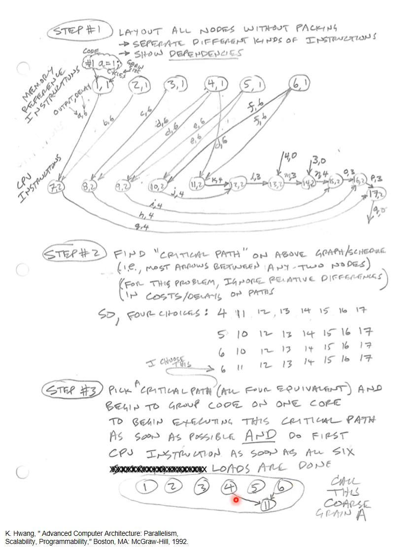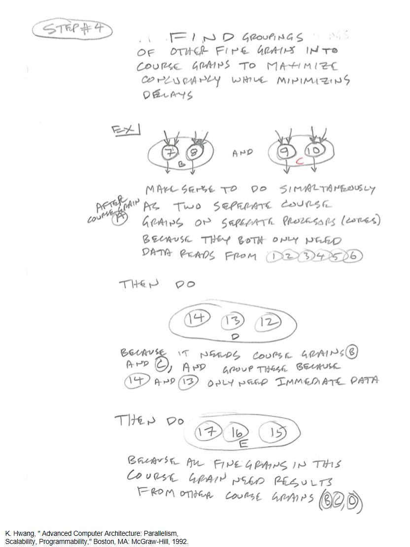And so that 4, 6, and 11 will be our first coarse grain A, assuming all the loads can be done simultaneously, which is part of the given problem, that we can actually load all 6 at once, which is not always a common thing, but in this case it is what we're given.